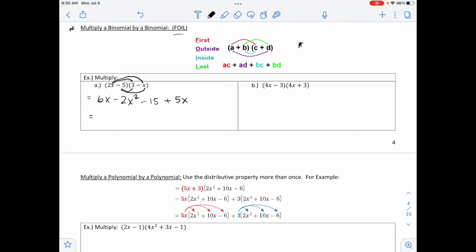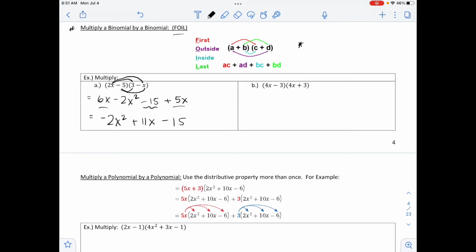I'm also going to write this in standard form, which means going from the largest exponent down to the smallest, or to that constant term. So the largest exponent that we have is a 2, so I'm going to have a negative 2x squared. I'm going to combine 6x and 5x, which is going to be 11x, and then we have our constant term, which is minus 15.